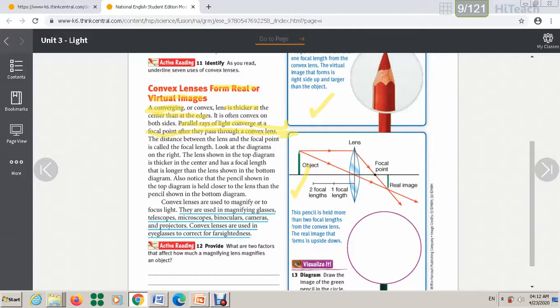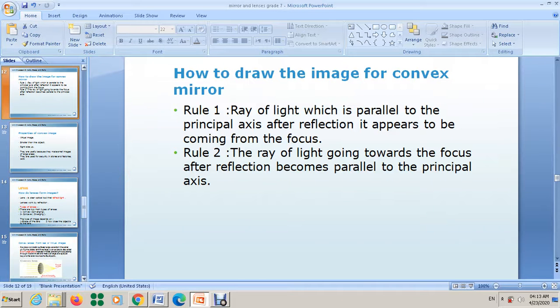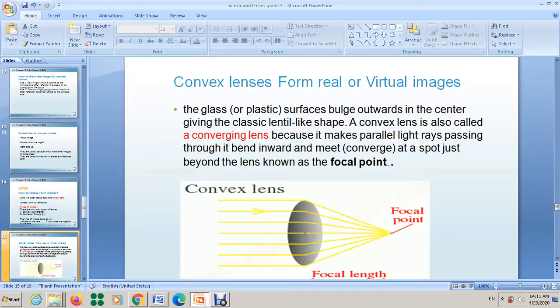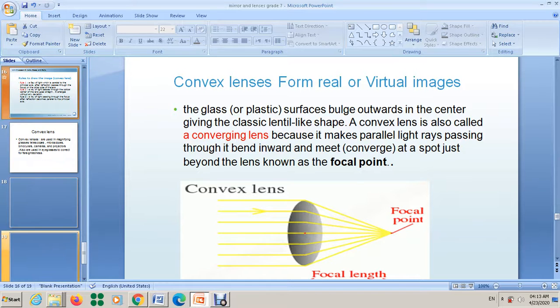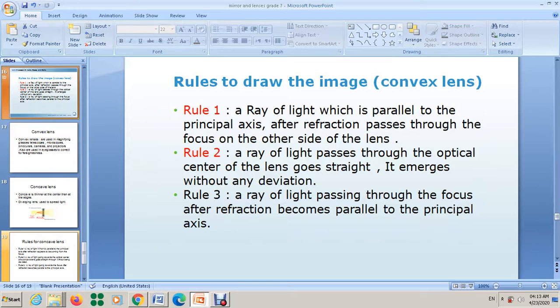Also here, this one is very important, the uses of convex lens. I want to remind you also about the rules for the convex lens. Look at this one, it shows how the convex lens is converging. Also the rules, you have 3 rules. Only 2 rays are enough to draw the image, as we learned.